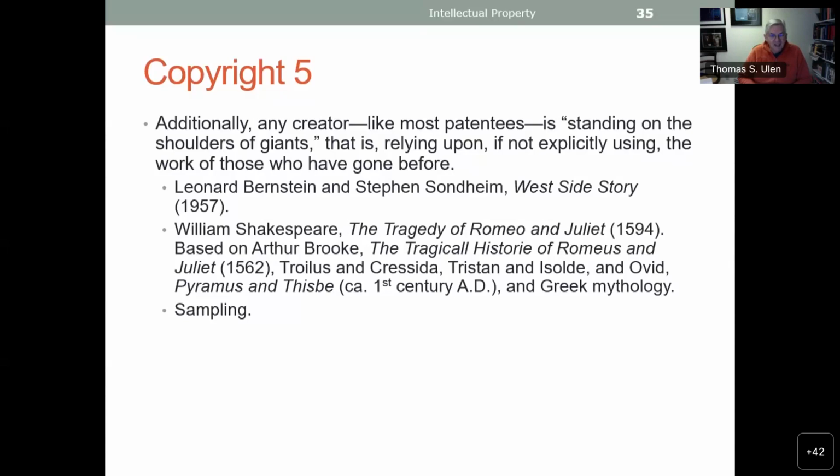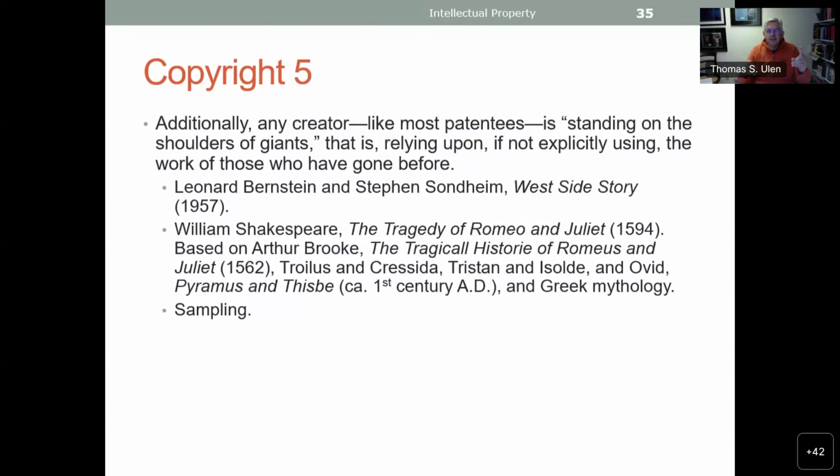And the last version of this, Leonard Bernstein and Stephen Sondheim in the 1950s wrote this wonderful musical called West Side Story, which is in essence Romeo and Juliet transposed to New York City and involving two gangs, the Jets and the Sharks, who are fighting each other all the time.